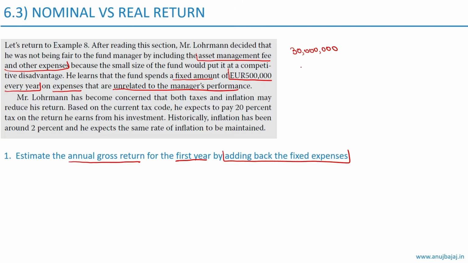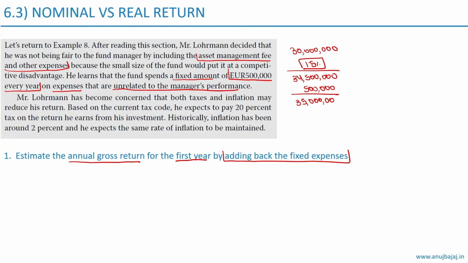And during the first year, the fund earned a return of 15%. This is the net return. So using the net return, the value of the fund at the end of the first year will be 30 million euros plus 15%, which is 34.5 million euros. Now we will add back the expenses and the value will be 35 million euros.